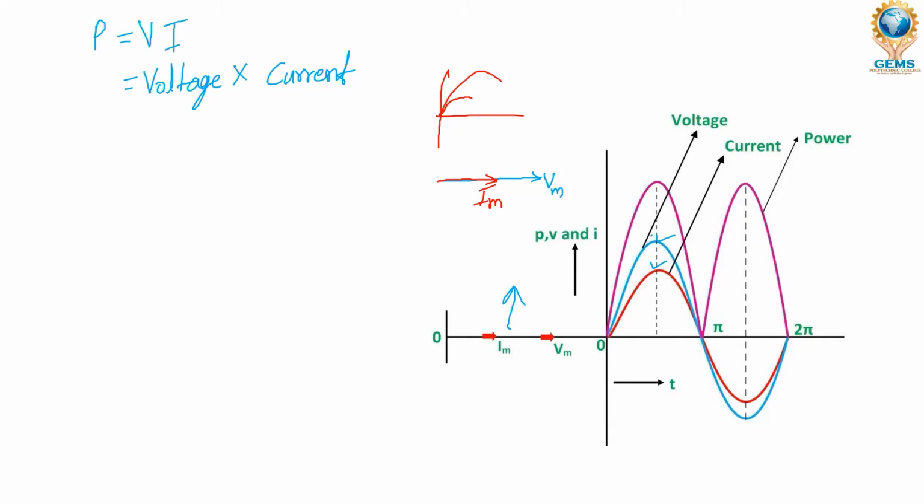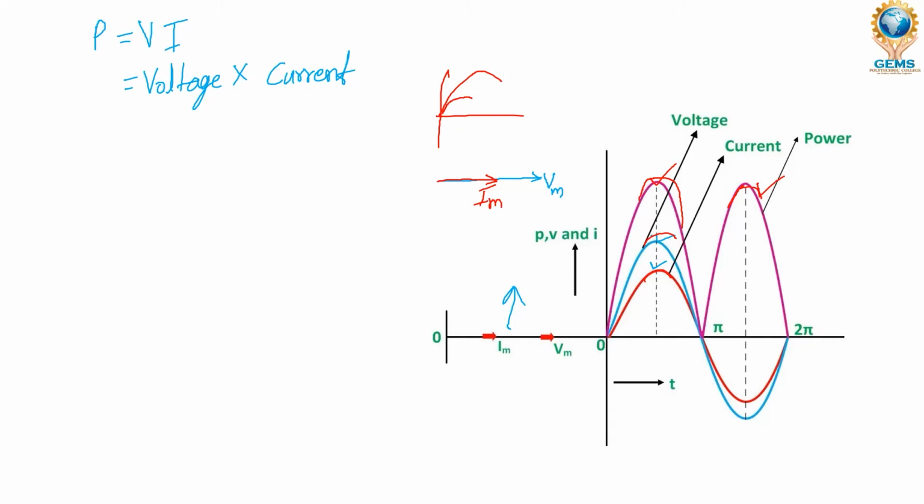During this condition, if you take the power, this is the power waveform. When the voltage is like this and the current is also in phase, the power waveform is this one. Here also you can see the power waveform.